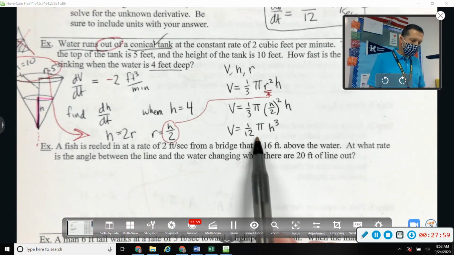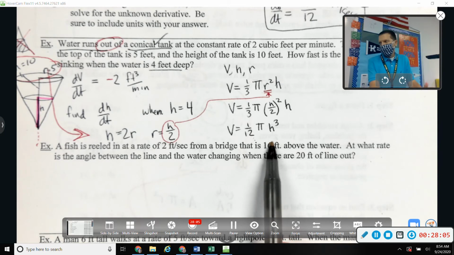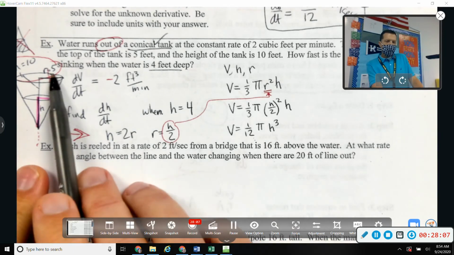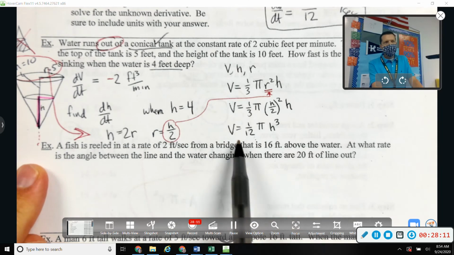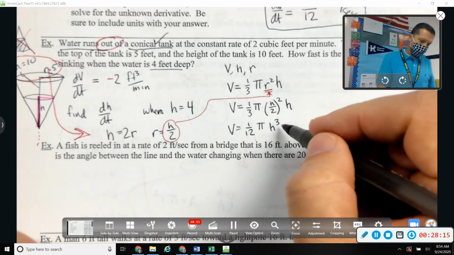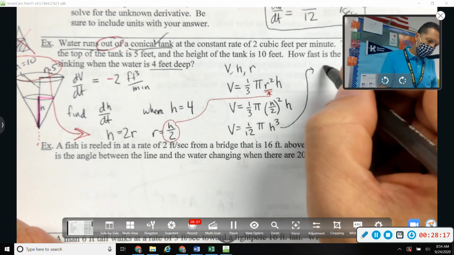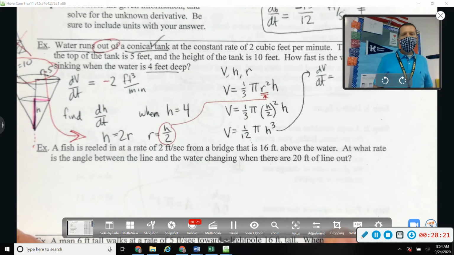So for this particular cone, the volume is 1/12 pi h cubed. That doesn't work for every cone, but our special cone here, where the height is twice the radius, we can use this equation. This is going to be much better to take a derivative of. So find dv dt.